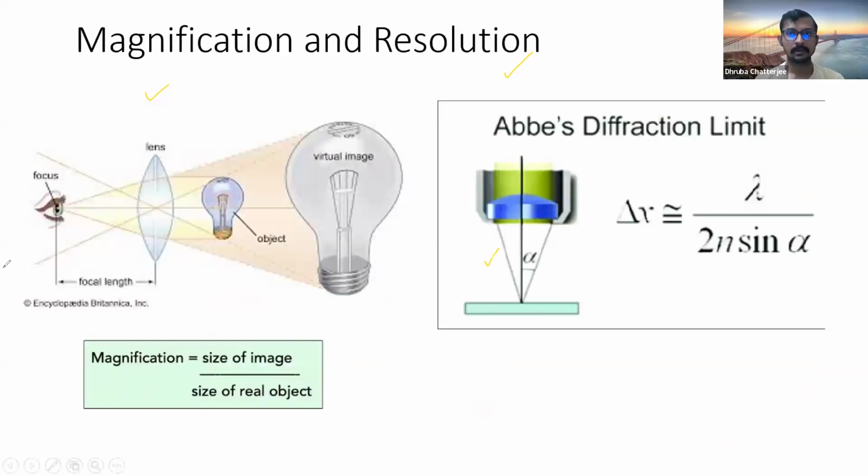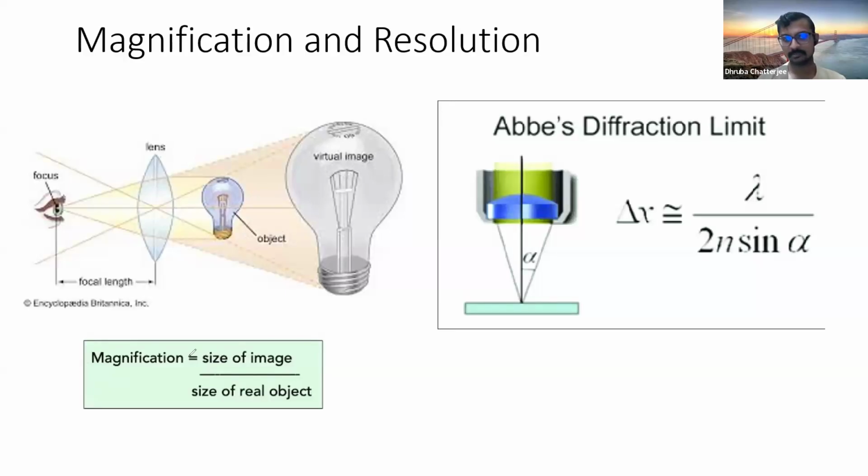Now, there are two things that should be clear in microscopy. These two things are magnification and resolution. Just magnification is not enough for imaging and for seeing very small objects, because magnification literally means that if you have a very small object and your optical setup allows you to see an image that is a much larger version of the actual object, that is what you call magnification.